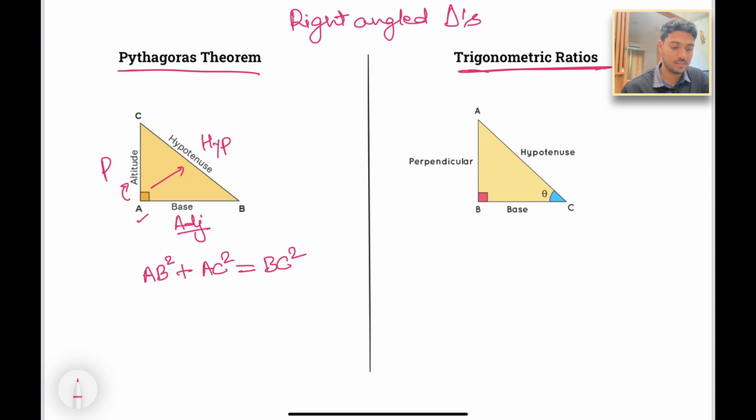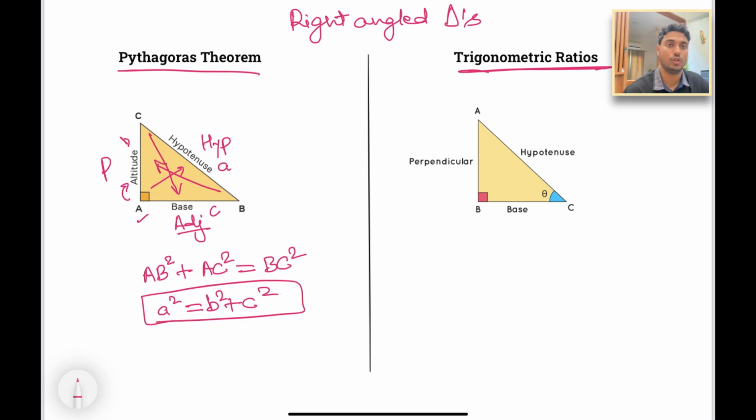The opposite sides of each vertex can also be lettered as small letters. So opposite to angle A is small a, the side opposite to angle B is small b, the side opposite to angle C is small c. So in some of the books you might see that it is written as a square is equals to b square plus c square. So this is the Pythagoras theorem.